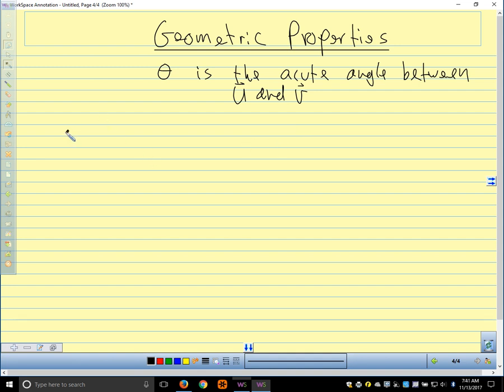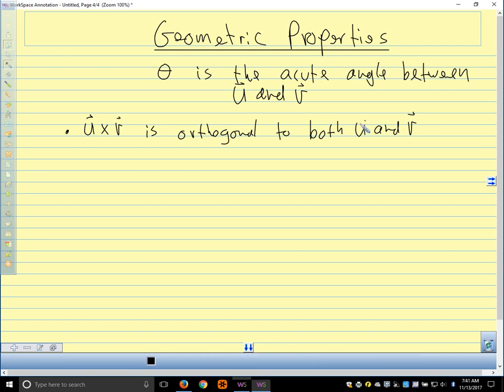Our first property we already talked about: u cross v is orthogonal to both u and v. That's one of the big ones that we are going to use.